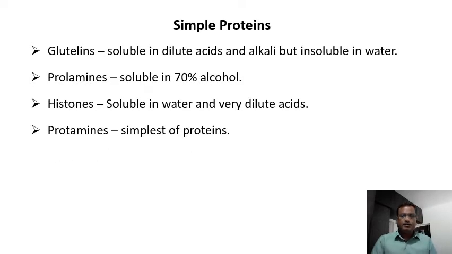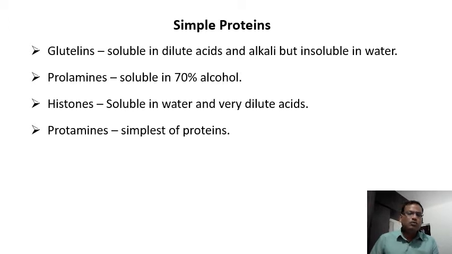And other simple proteins, examples for other simple proteins are glutenins. They are soluble in dilute acids and alkali but insoluble in water. And prolamines, soluble in 70% alcohols. Histones, soluble in water and very dilute acids. Protamines, simplest of proteins.